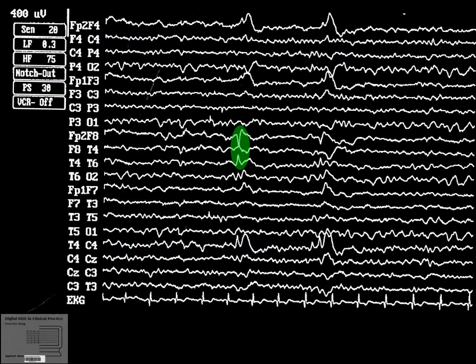In this tracing, you have a wide phase reversal involving F8, T4, and T6. It is important to stress that the most important finding in a bipolar montage is phase reversal. The same pattern is present a few seconds after.